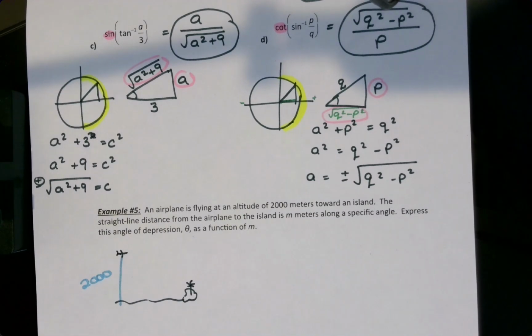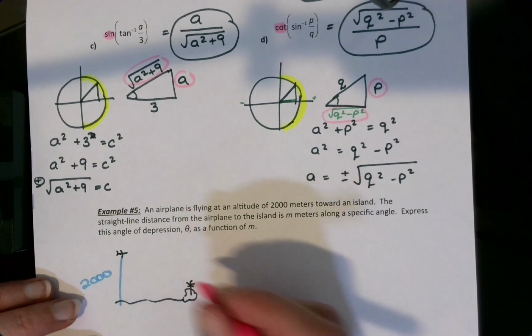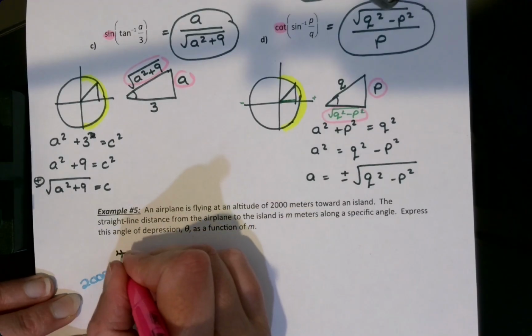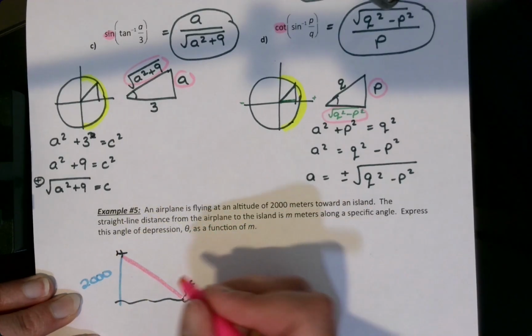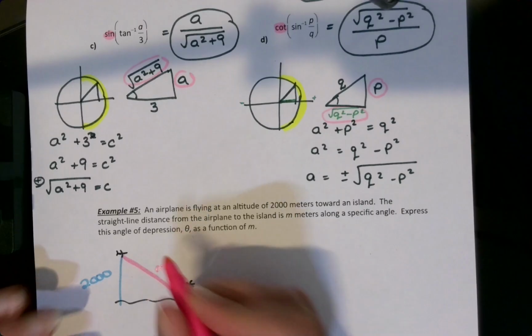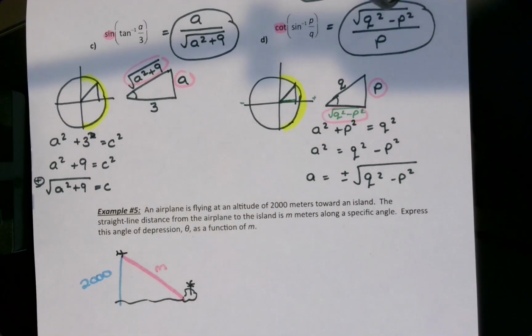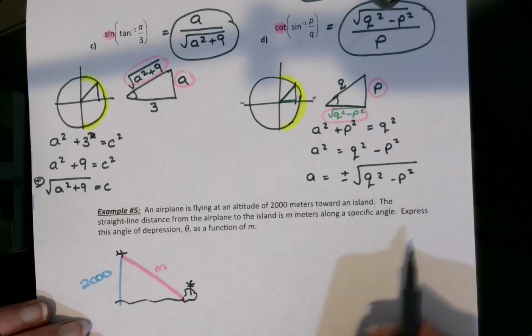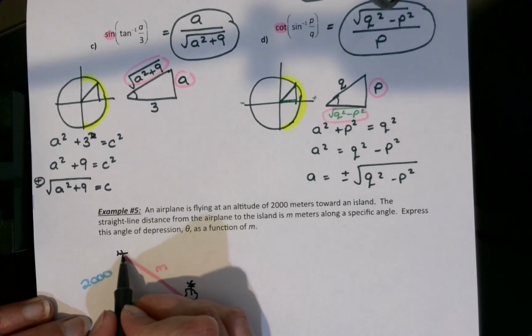And then the straight line distance from the plane to the island is m meters along a specific angle. Express the angle of depression as a function of m.